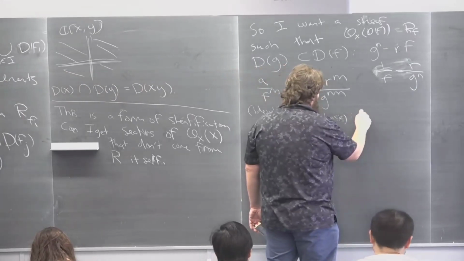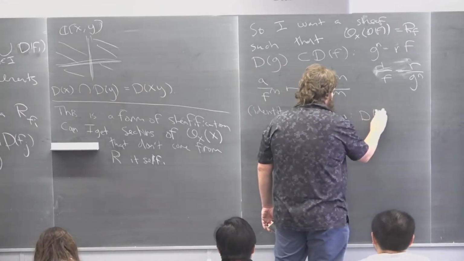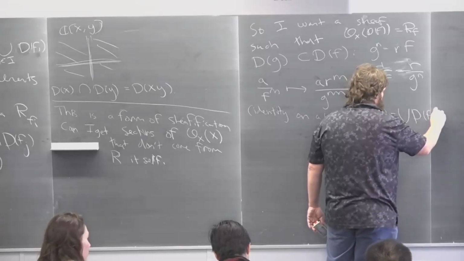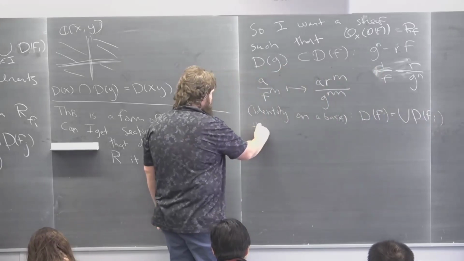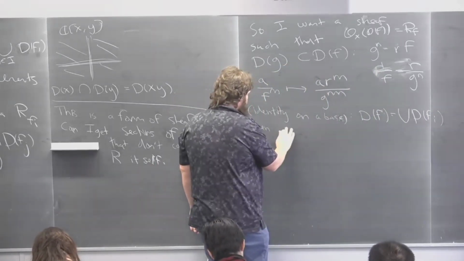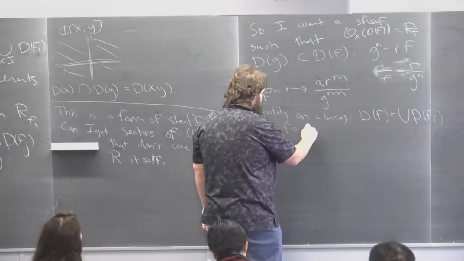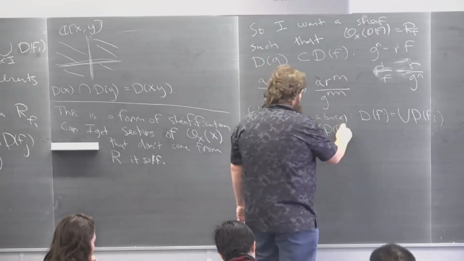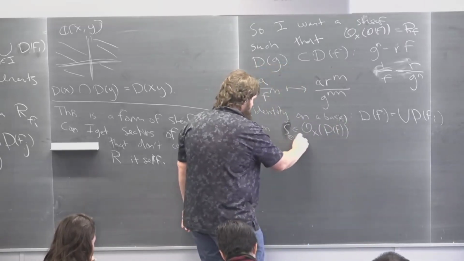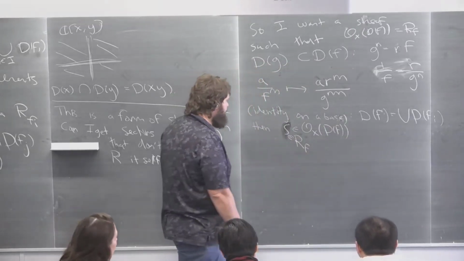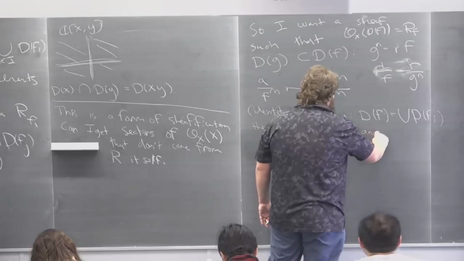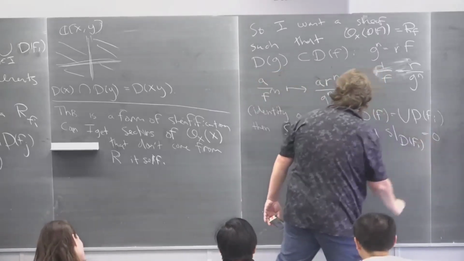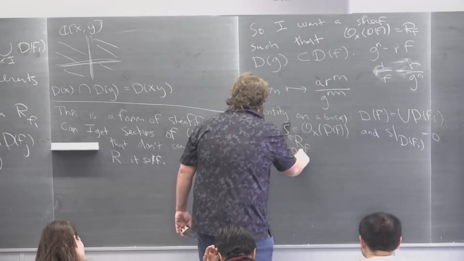If I have a set in my base and I write it as a union of other sets in my base, which certainly I can do sometimes, then if I have S, an element of what I want to assign to D of F, that is, of R localized at F, and S restricted to all these open sets is 0, then S is equal to 0.